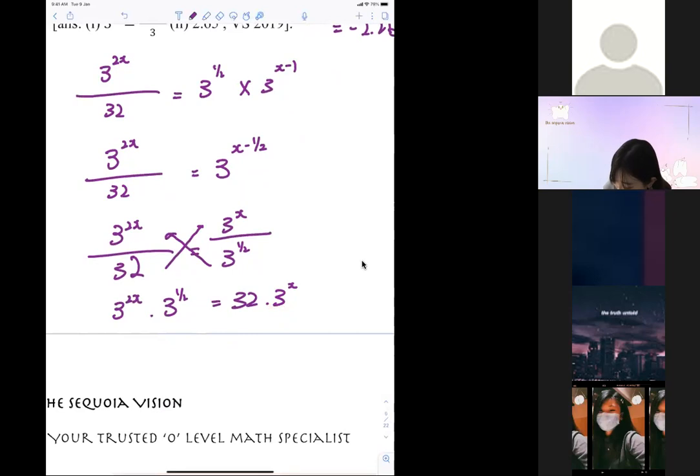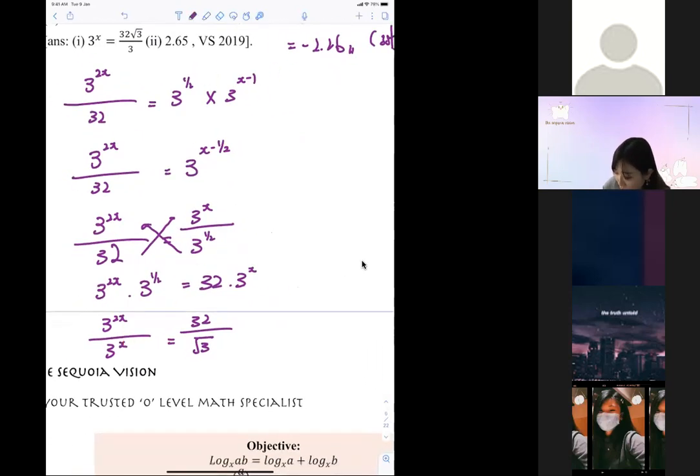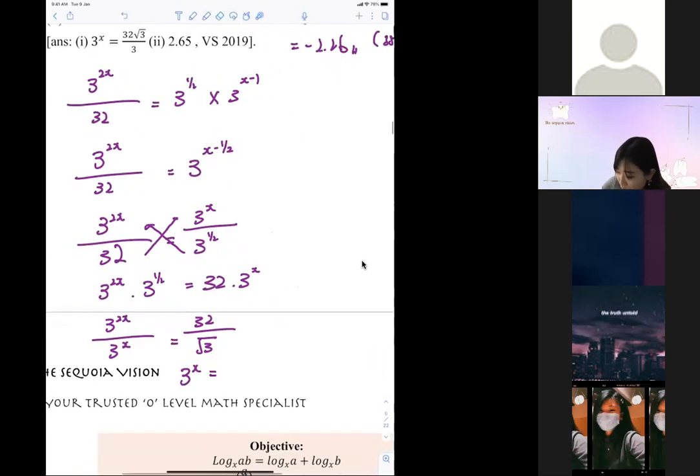So this is times again, bring over divide. Then divide means the power minus, you get the answer already. So you get 3 to the power of x equals this whole thing, but in A math, you cannot leave square root at the bottom, you must rationalize. So 32 square root 3 over 3. That's your answer.